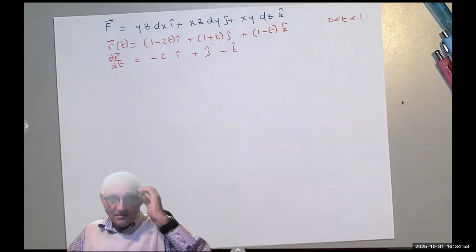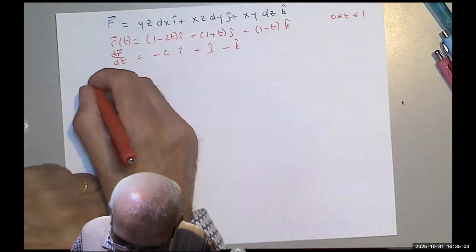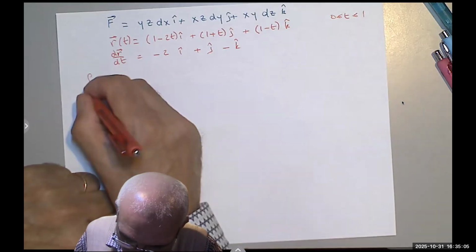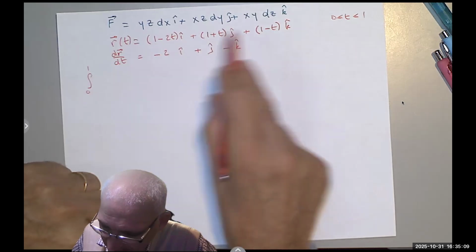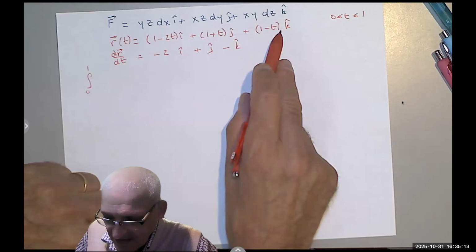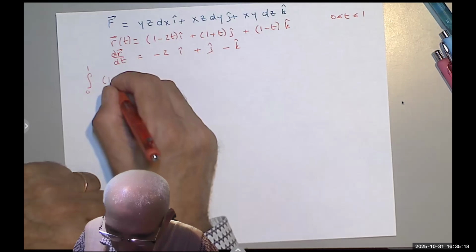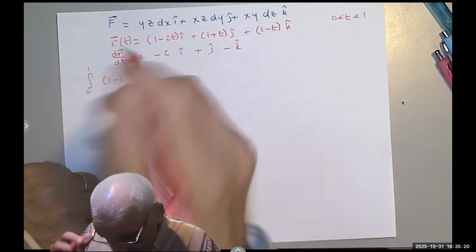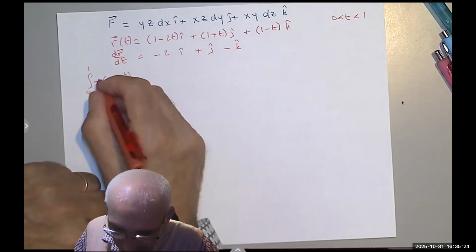That's the thing. And then when I do my integral, it would be the integral from 0 to 1, the line integral. I'm going to multiply y times z. Notice that's easy. 1 plus t times 1 minus t is 1 minus t squared. So 1 minus t squared times dx, which is negative 2.